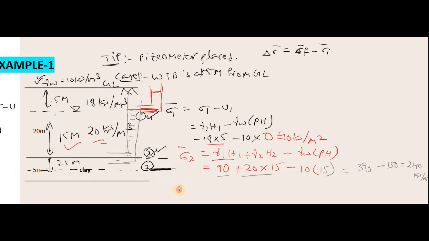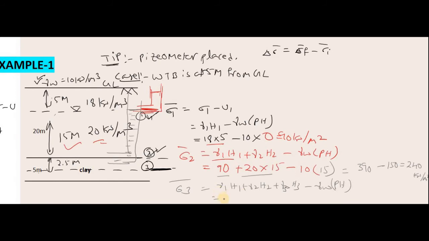Now sigma 3 bar, effective stress at clay mid layer, equals gamma 1 H1 plus gamma 2 H2 plus gamma 3 H3 minus gamma W into pressure head.